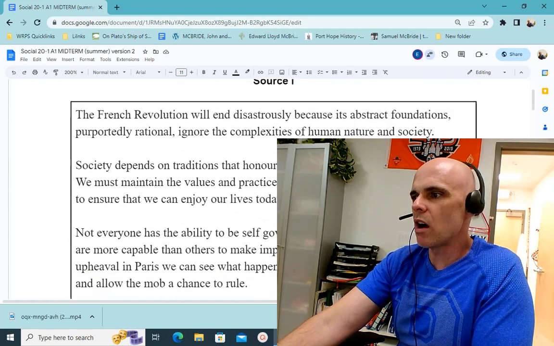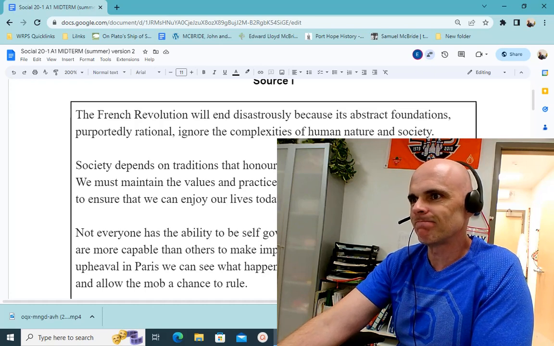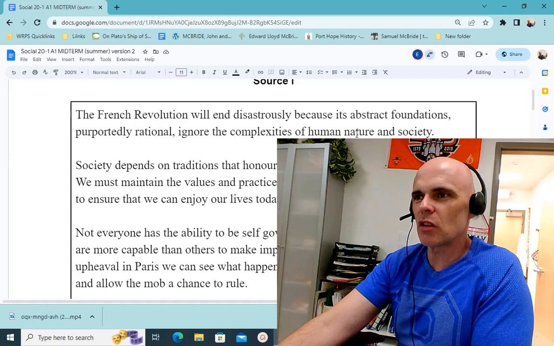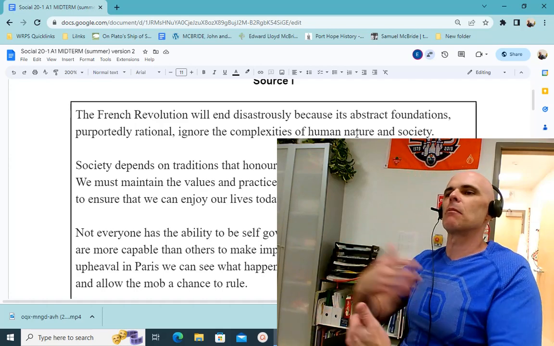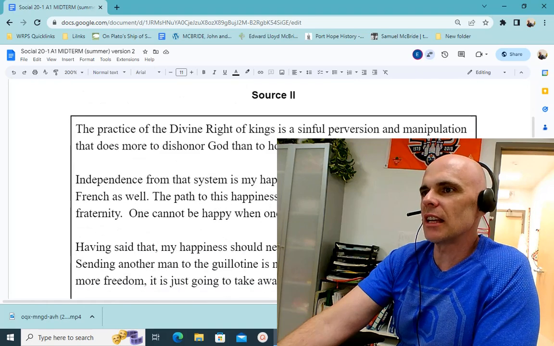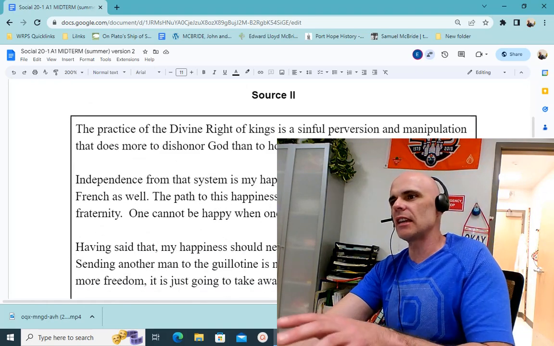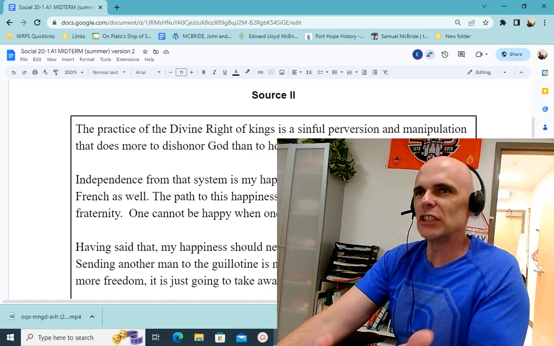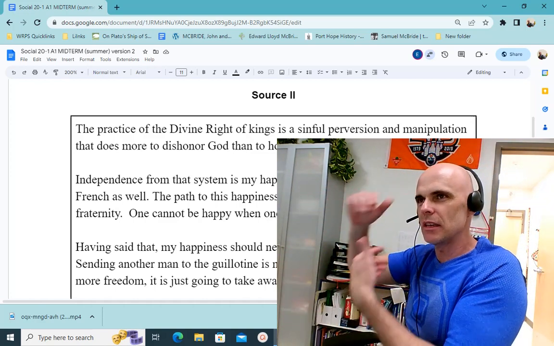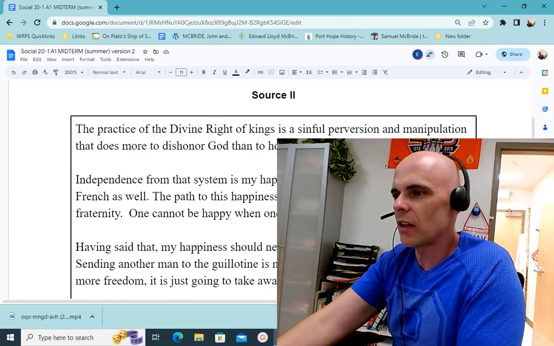Whereas in source 1, Burke talks about the complexities of human nature, referring to the fact that some are more equal than others. Source 2 suggests that maybe the divine right of kings, that kings have tried to use religion as a mask to justify this complexity, that maybe people aren't worth more than others.